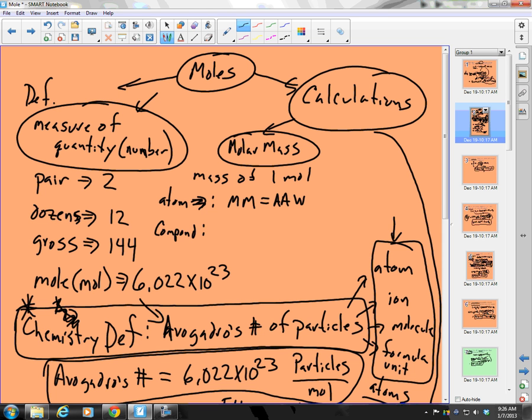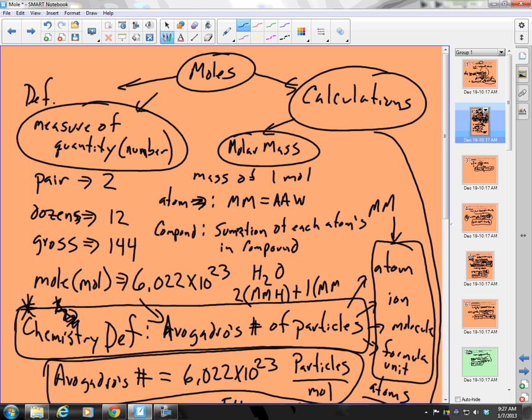Well, for a compound, we are going to take the summation of each atom's molar mass in the compound. So if I have something like H2O, that means I'm going to take 2 times the molar mass of hydrogen, plus 1 times the molar mass of oxygen. Okay? Good. So that's what we're going to do.